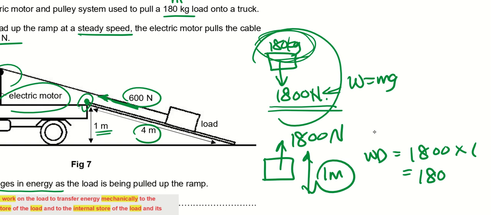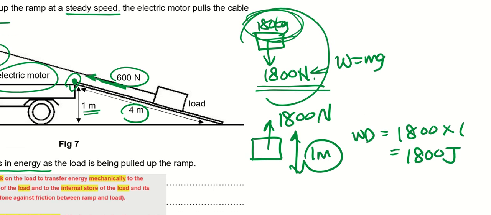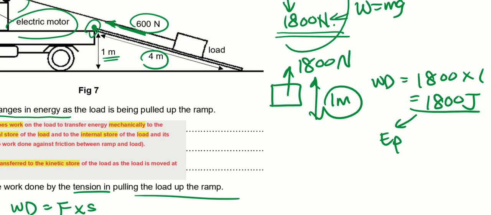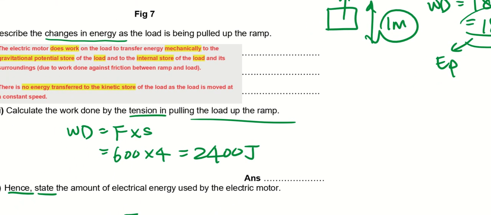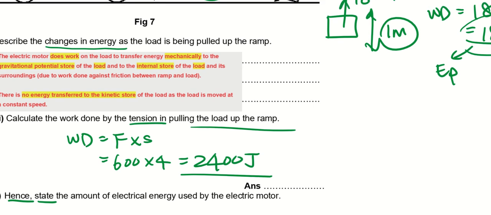So the work done is 1800 joules, and this will go into the energy in the gravitational potential store, right? So why is it that with this 1800 joules I can lift it up a height of 1 meter? Why is it that I need 2400 joules to lift it up by the ramp?